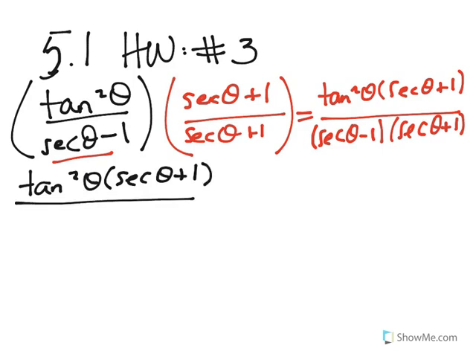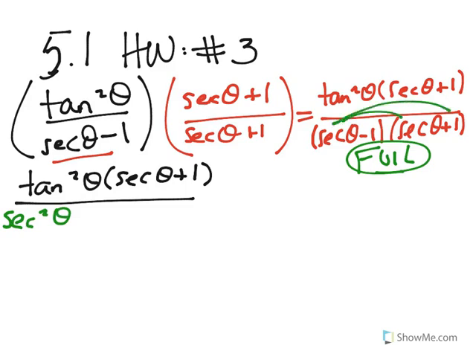And in the denominator, we are going to FOIL. Secant times secant, secant squared. That's our first. Our outer terms plus secant. Our inner terms minus secant. Our last terms, negative 1 times positive 1 is minus 1.